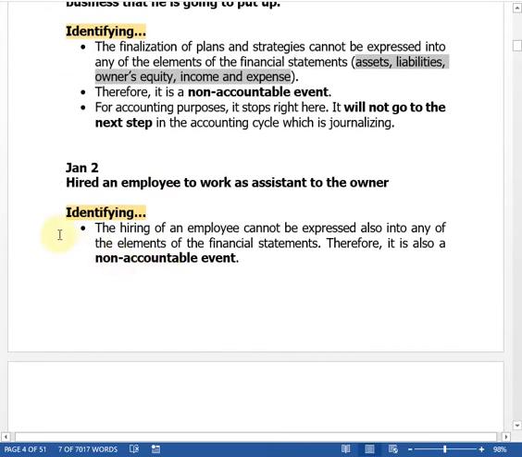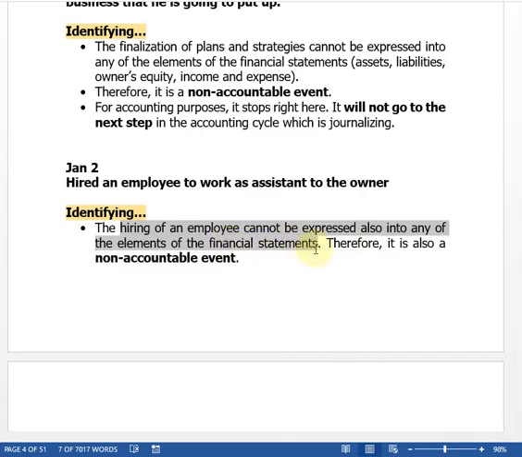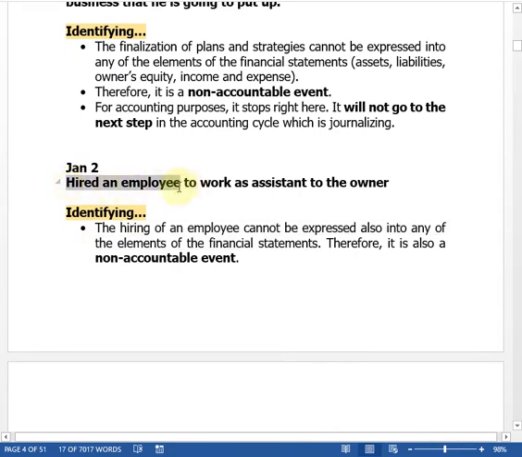After analysis, we would know that the hiring of the employee cannot be expressed into any of the elements in the financial statements. Therefore, like transaction number 1, transaction number 2 is another non-accountable event. The hiring of the employee is a very important business event. Otherwise, the owner would have to do all the tasks on his own.